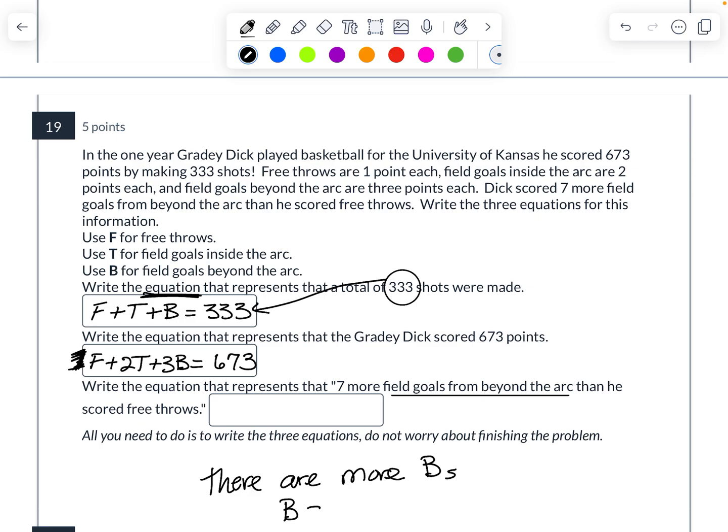Therefore, B's have to equal the free throws plus 7, because you want them to equal each other. So if you want him to have the same number of free throws as he had shots beyond the arc, he would need to go to the line more and shoot 7 more free throws. Then he could have as many free throws as he has 3-point shots.